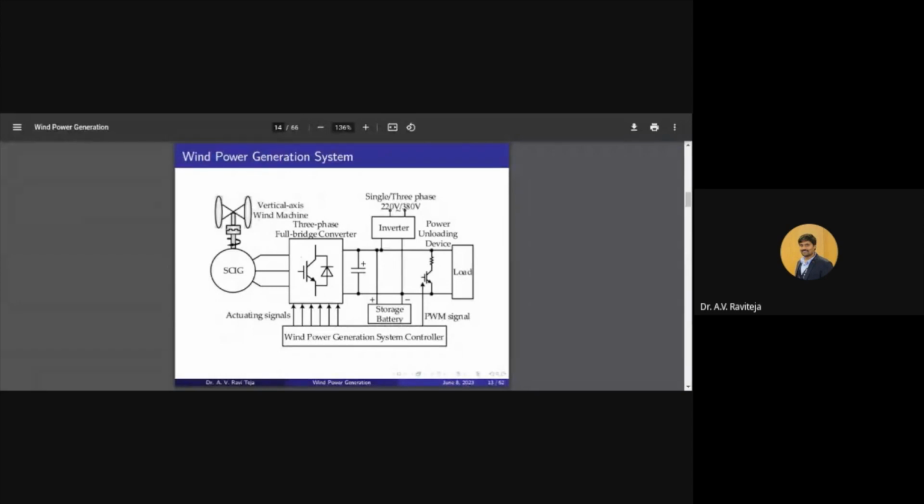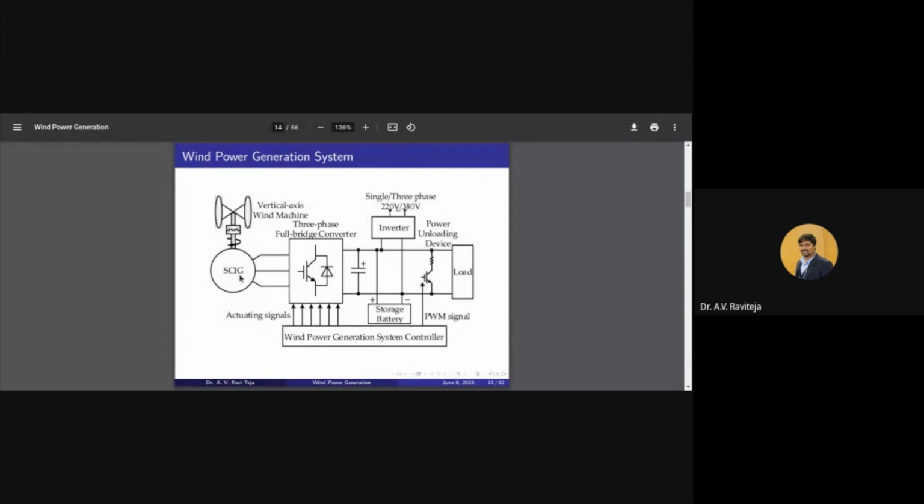So first we'll see what the components are for generating electrical power output and how to design them. Most wind power generation systems use a squirrel cage induction generator, written as SCIG.